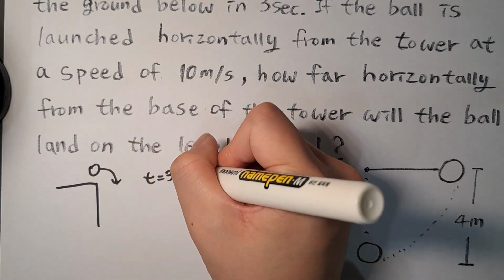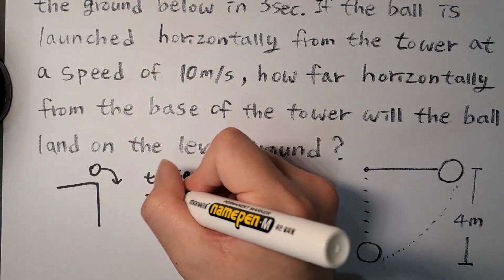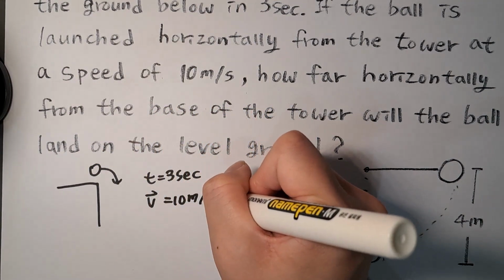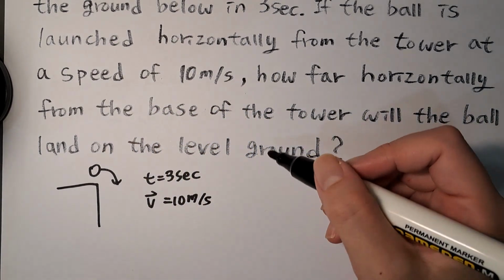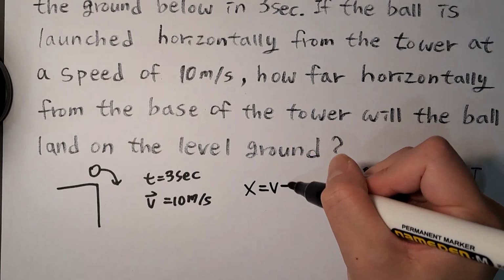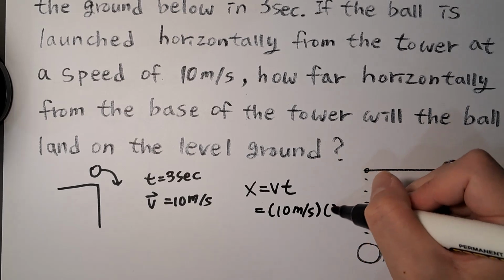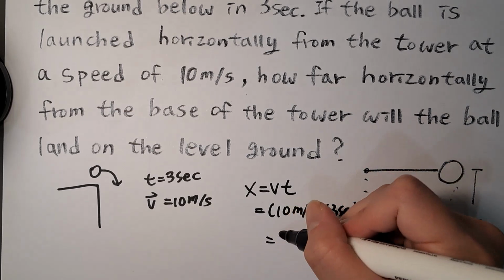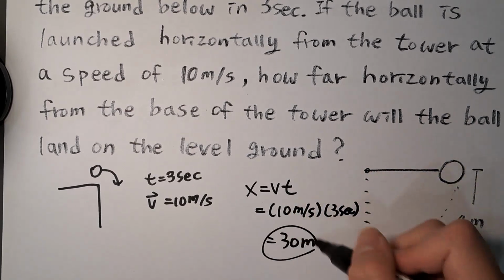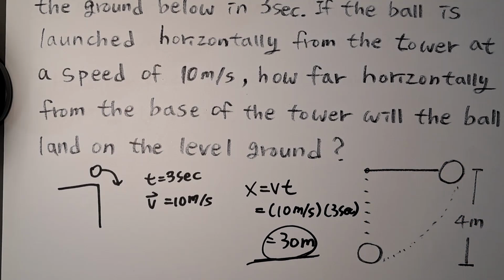So the time is going to be 3 seconds and the velocity is going to be 10 meters per second. The horizontal distance is going to be this, and we are going to apply these values. So the distance is going to be 30 meters.